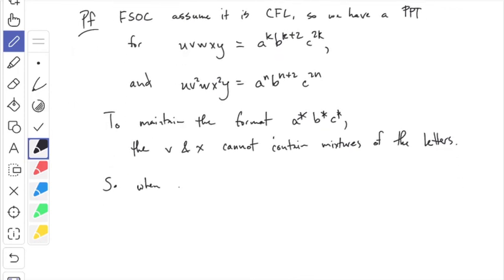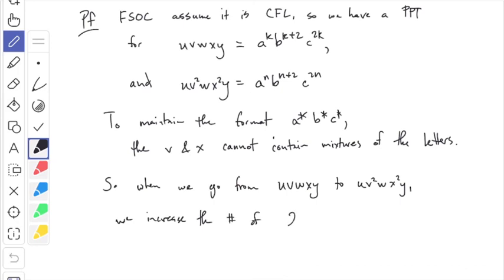And that means when we go from u, v, w, x, y to u, v squared, w, x squared, y, we increase the number of two letters, but not all three.